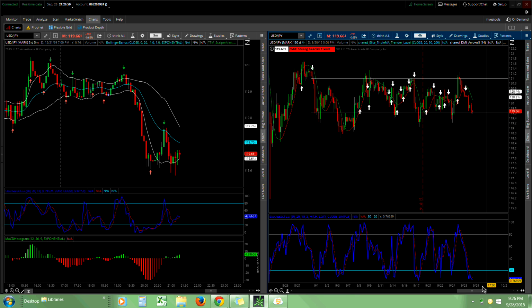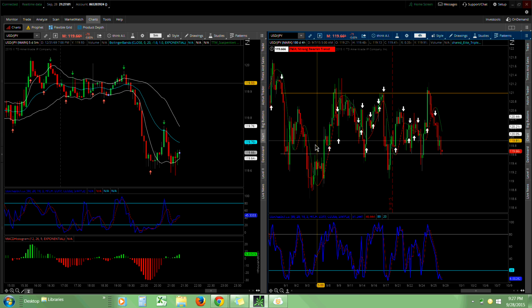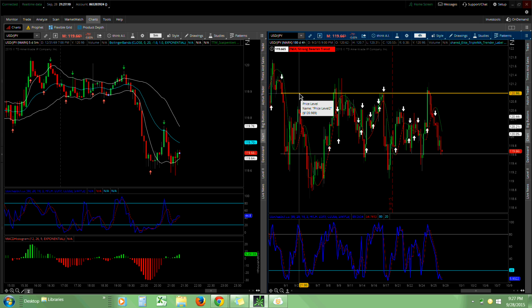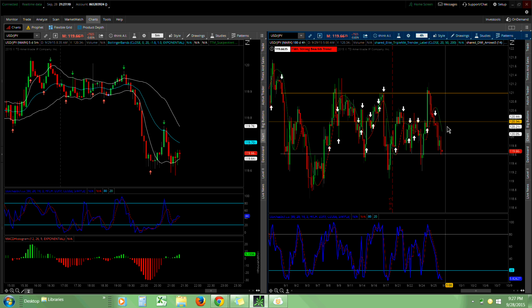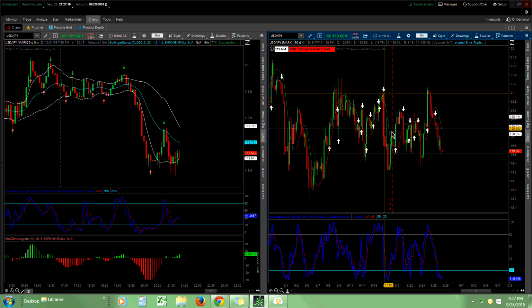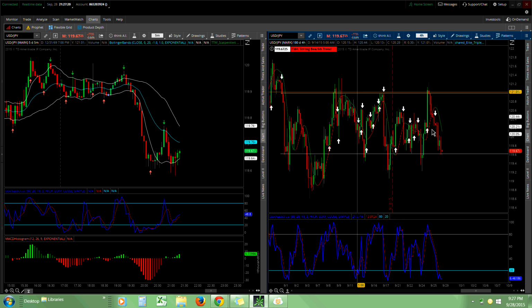You can see in this little tight trend channel, that's what we call it, the price is between 119.61 all the way up to 120.98. So it's basically a trending channel, bouncing consistently between these two price areas.